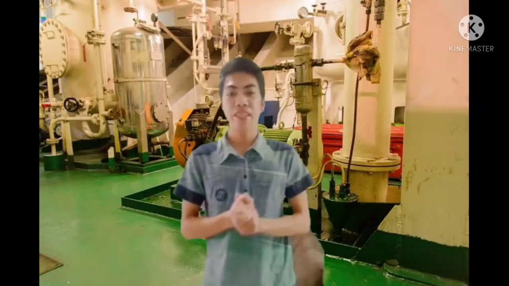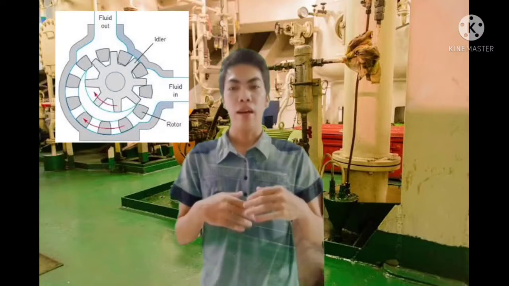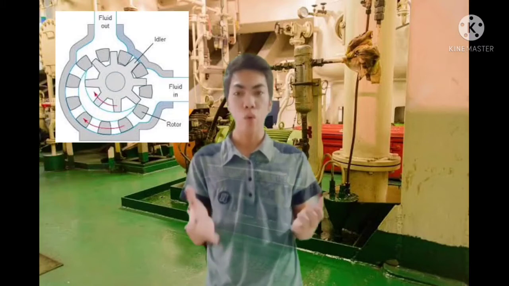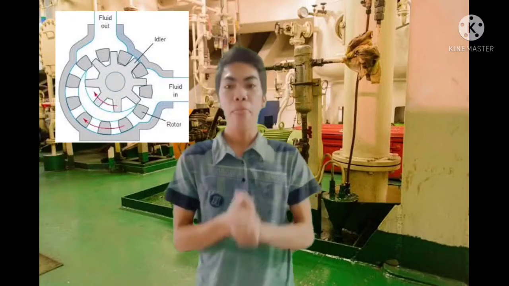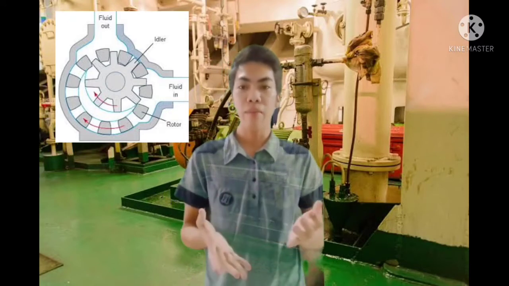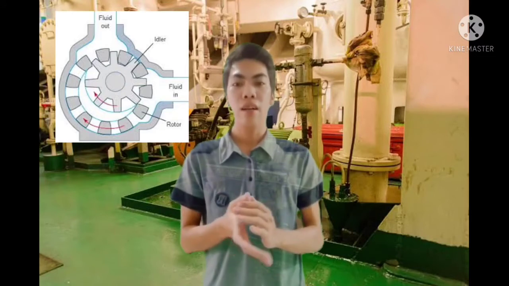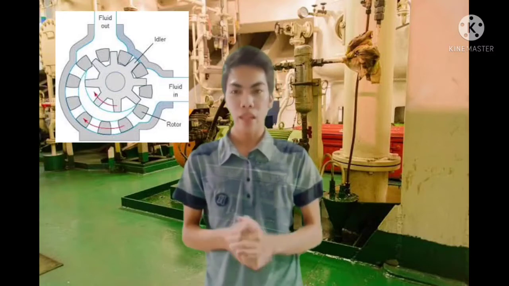So guys, first is the positive displacement air compressors. They force air into a chamber where the volume is decreased to compress the air. Positive displacement is an umbrella term that describes different air compressors that are powered through positive air displacement.